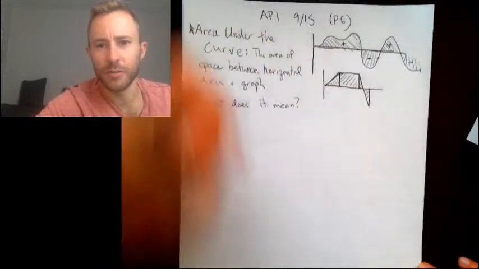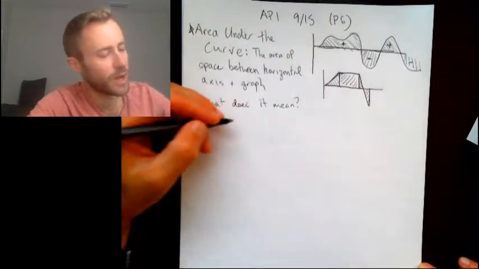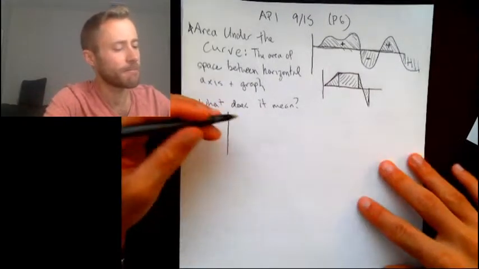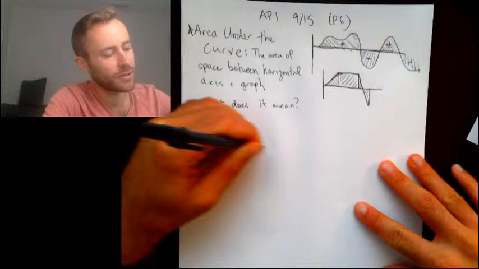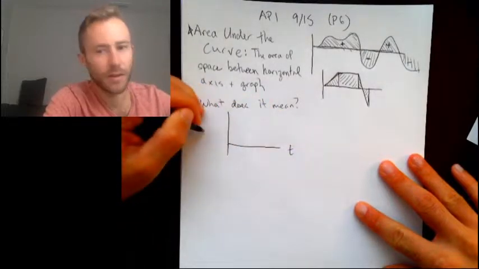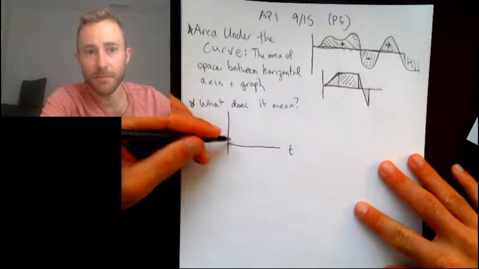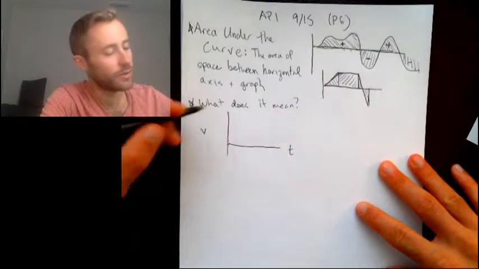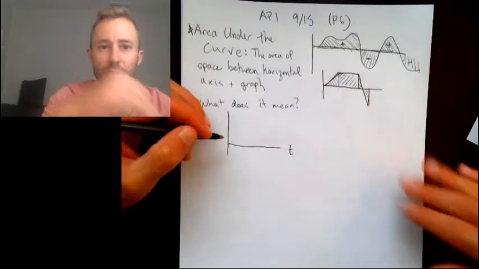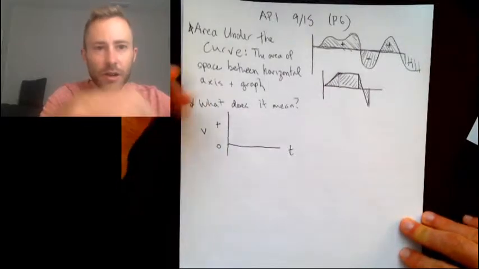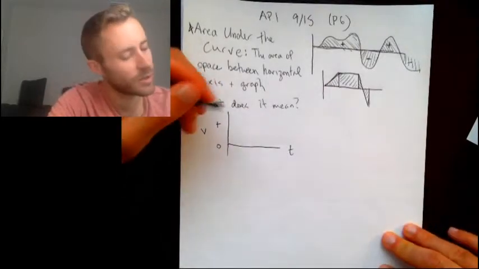So let's try to interpret area under the curve. Well, what if we have a velocity time graph? Okay, so here's a velocity time graph. And let's draw a velocity time graph for something that's moving in the positive direction and it has a constant velocity. So that would look like this.